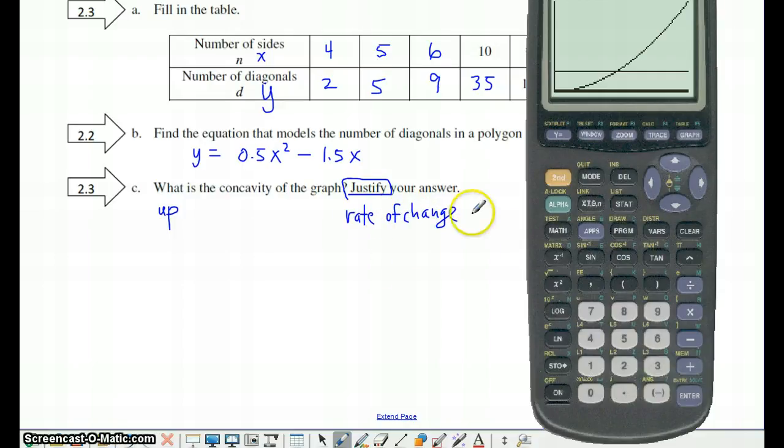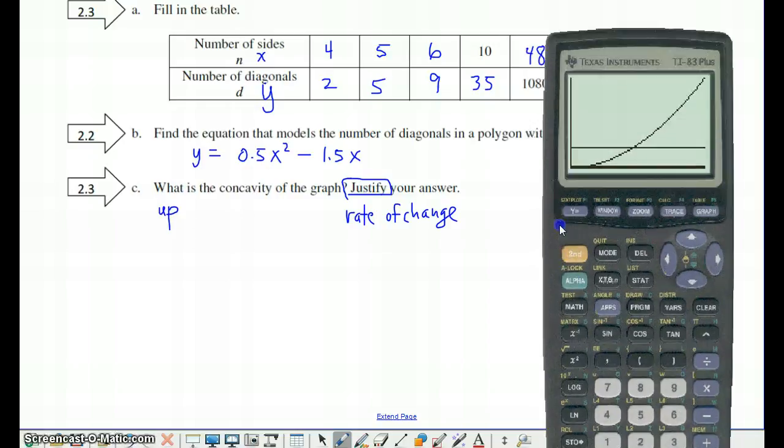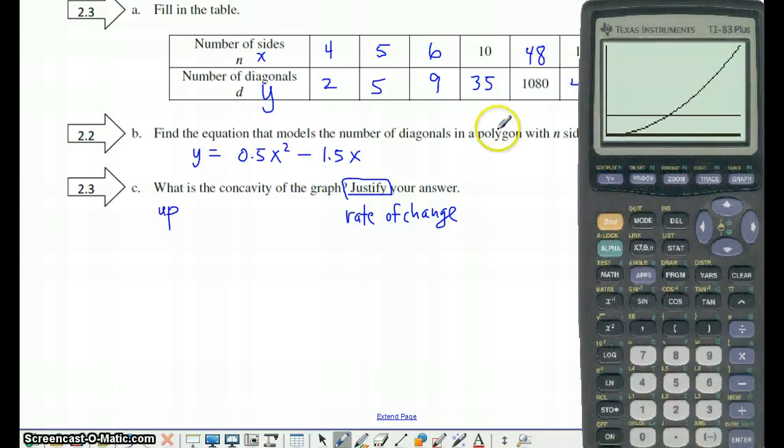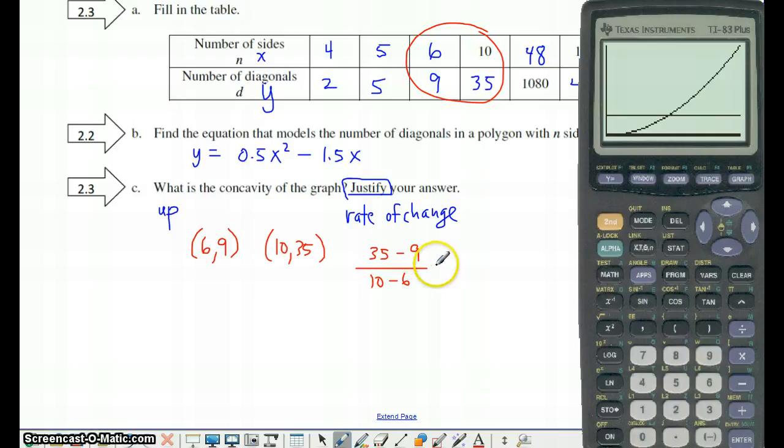So what I need to do is I need to find 2 points. I don't know, let's pick these 2 points. So 6, 9, and point 10, 35. Find the rate of change. 35 minus 9 over 10 minus 6.